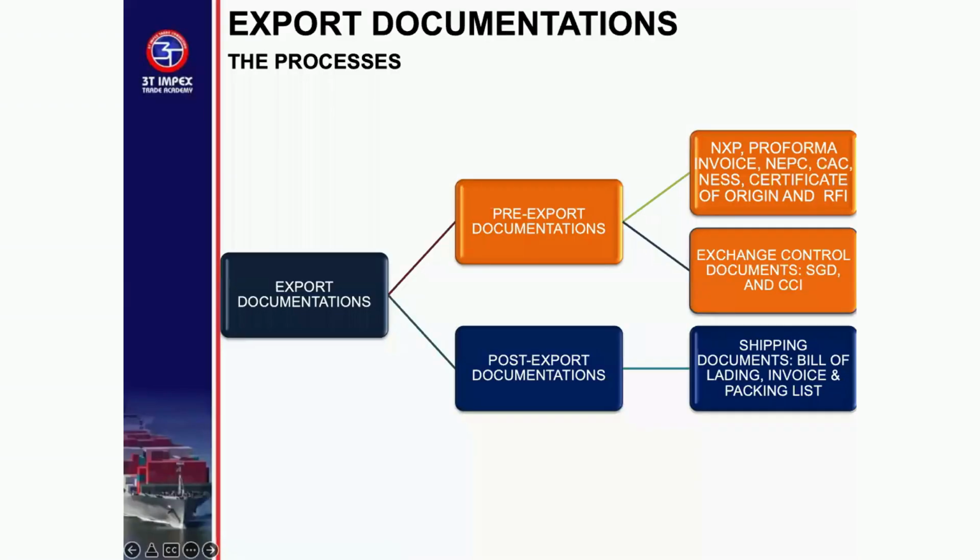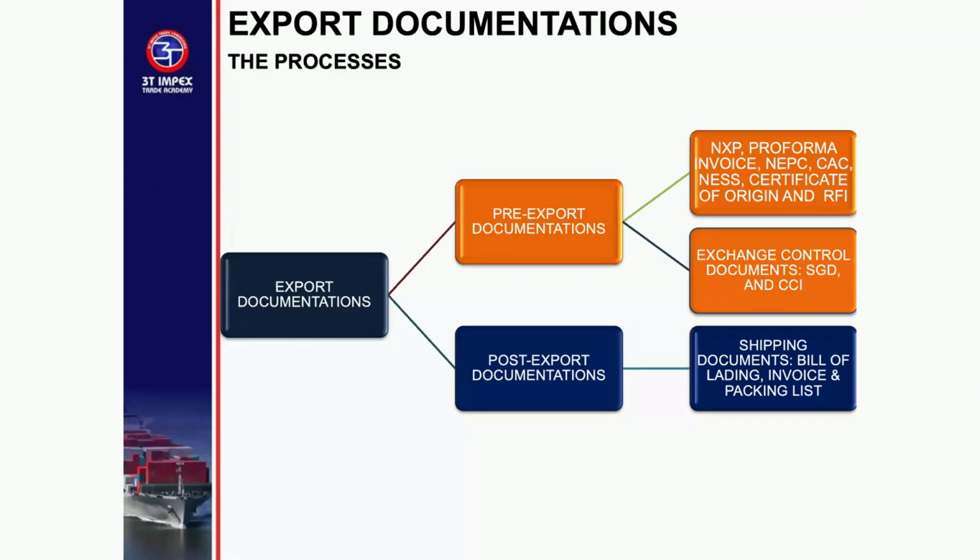Here are the pre-export documentation: NXP, pro forma invoice, NEPC license, certificate of incorporation, which is not necessary again because for you to register on the trade platform, you must have a limited liability company already and have a TIN number already. So CAC is no longer required because that is already given. For you to have access on that platform, you must have gotten it.